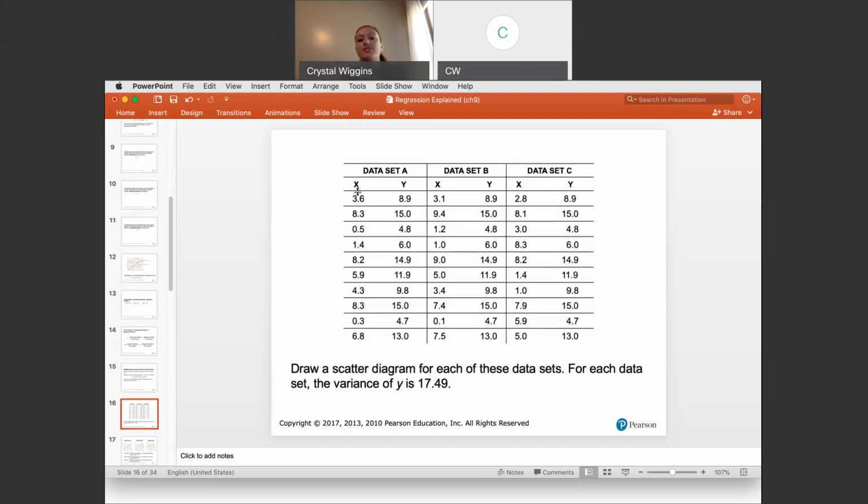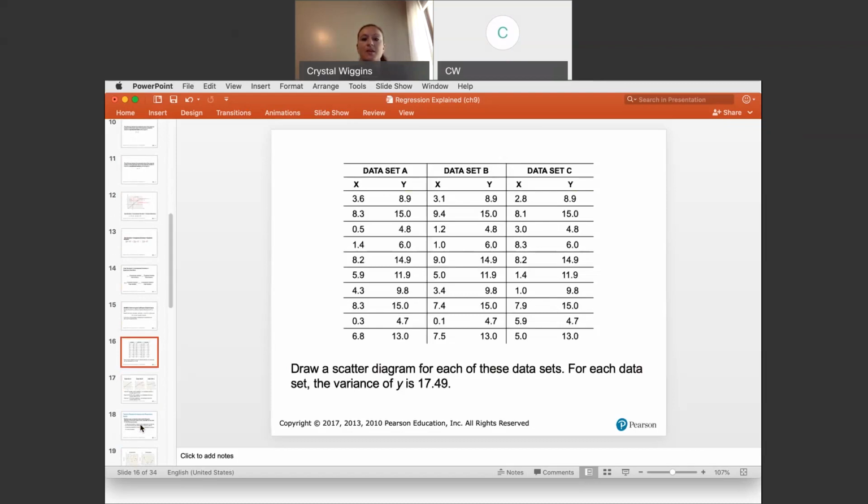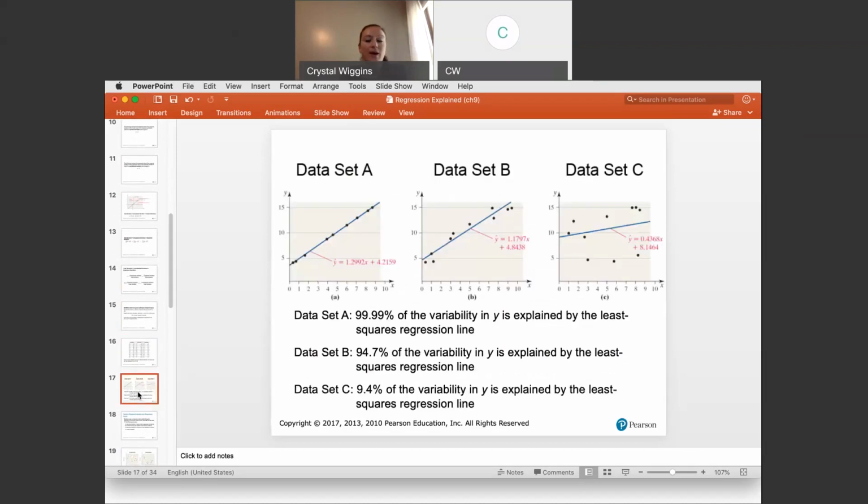If we take a look at these three data sets, and for this particular example, what this data is telling us is really unimportant. I just want to show you what the graphs would look like for different coefficients of determination. So in these little graphs, you can see that in data set A, all of your observed values happen to pretty much fall on the predicted values.